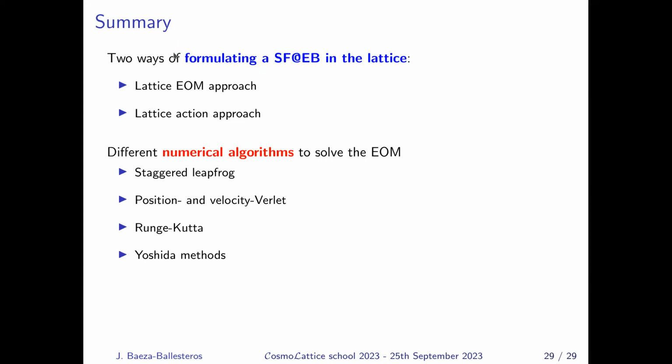So we have seen that there were two methods of formulating the scalar field theory in the expanding background on the lattice: the equation of motion approach, in which we discretize the equation of motion, and the lattice action approach, in which we discretize the action and then derive some discrete equations of motion. And we have seen also that each of them has some advantages and some disadvantages, and they are in some sense complementary. They complement each other.